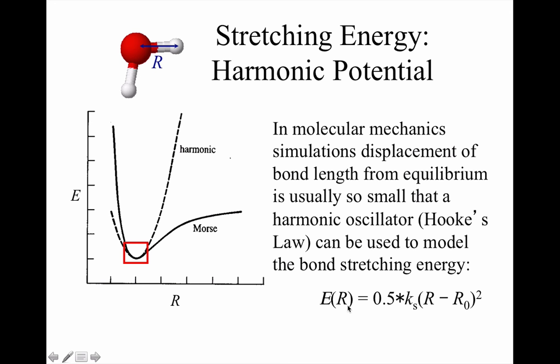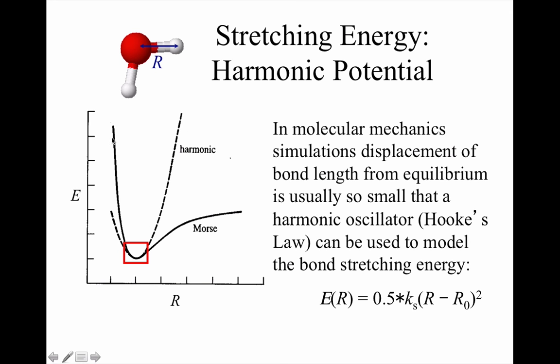And you can see we have actually also succeeded in reducing the number of parameters from 3 to 2. We now only have the parameter Ks and the parameter R0. The parameter R0 here is the equilibrium position of the atoms, while the parameter Ks, which is referred to as the stretch constant, the bond constant for the stretching motion, is related to the steepness of this harmonic potential curve.